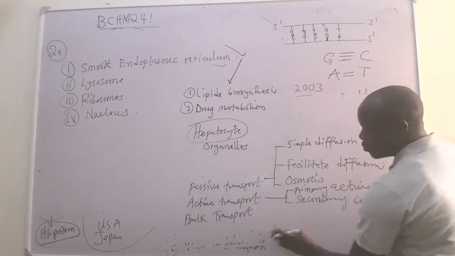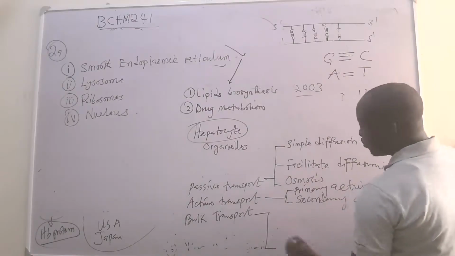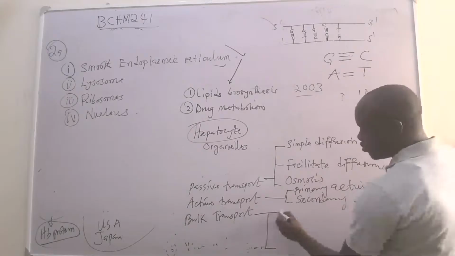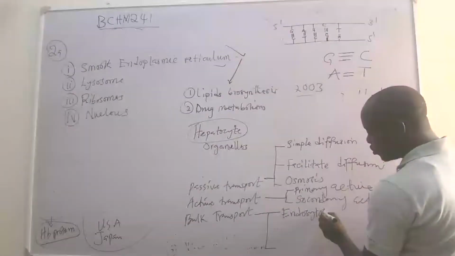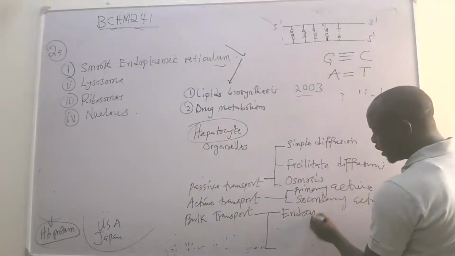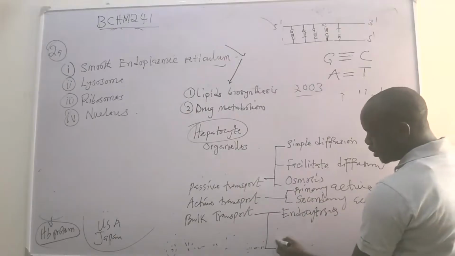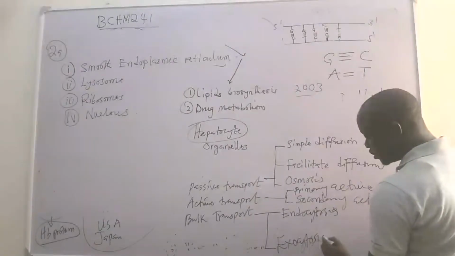And for bulk transport, we have endocytosis and then exocytosis.